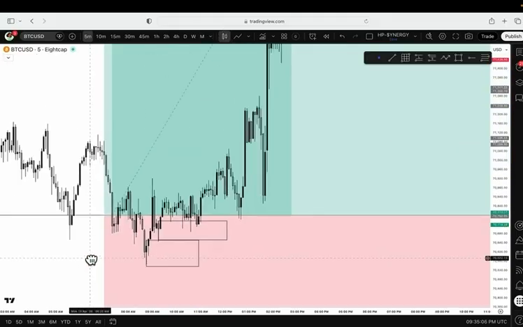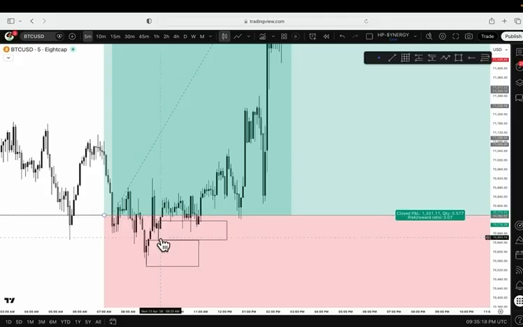This person is asking that if you enter at this third candle that closes here, as soon as it closes, you just enter from here. Where will your SL be? Your SL will be below this candle that swept, because that's the invalidation.